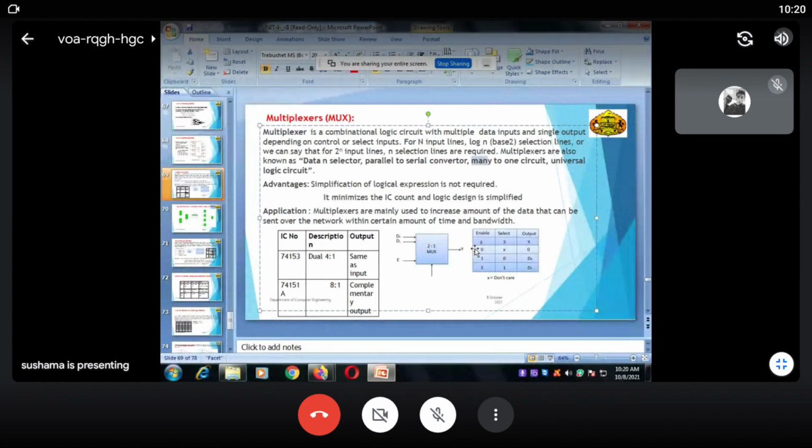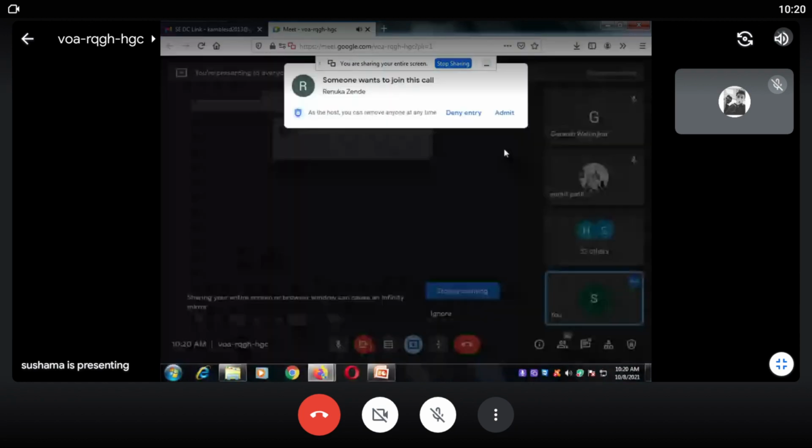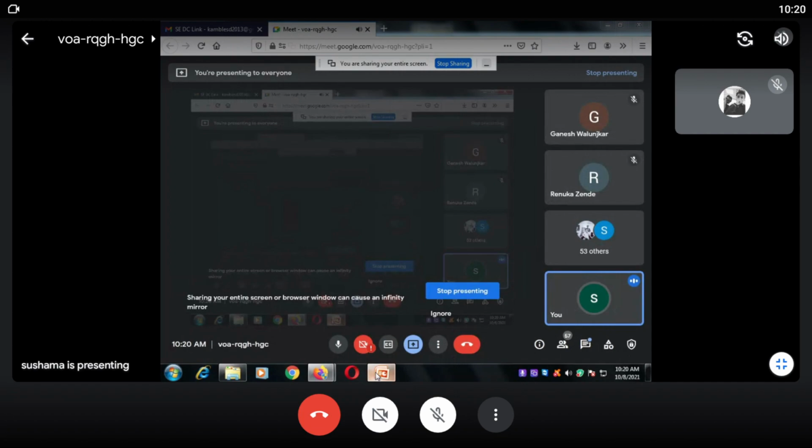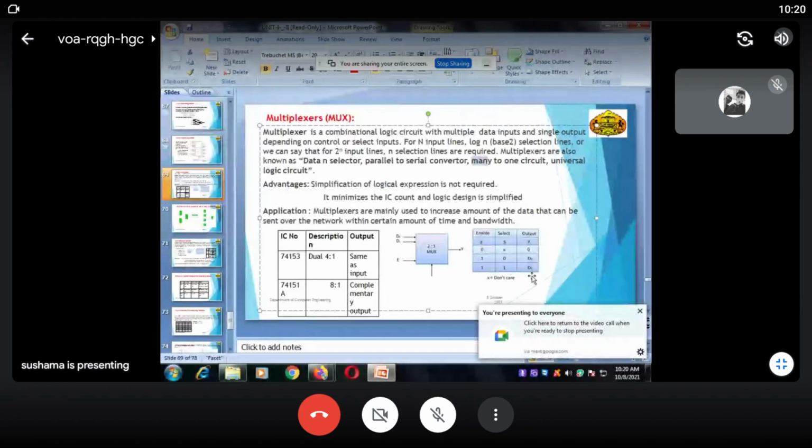Got it? See, here the enable is important. Why? Because whenever the enable pin is 1, then it will work. See here, can you see the truth table? If the enable pin is 0, you will get the output as 0. You have got the first statement?